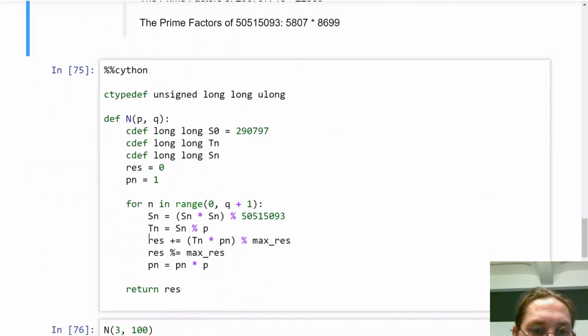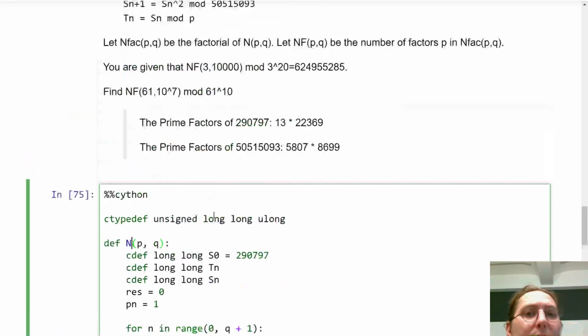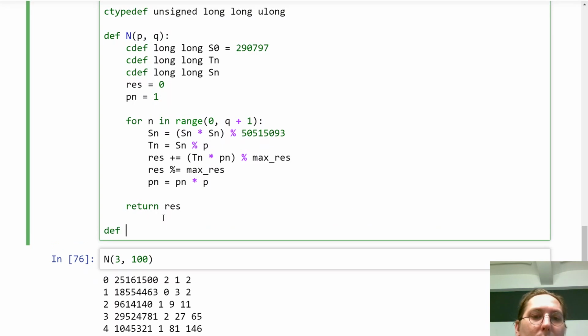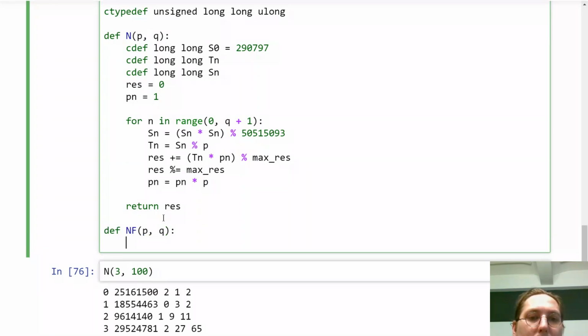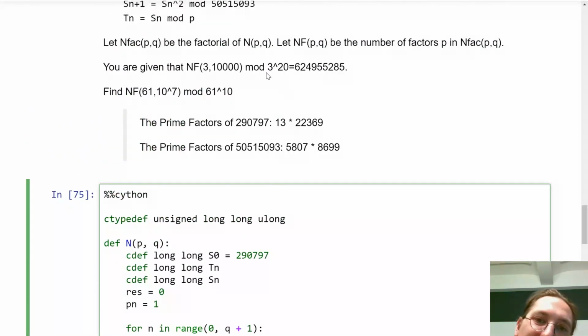Do you want to do this in this loop? No, maybe we can have another function, def factorial. No, not doing the whole factorial, you cannot do that. But we can do mod 20.